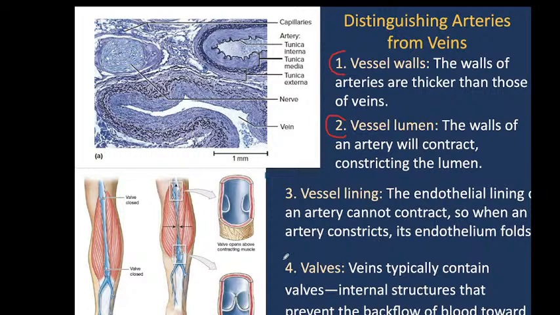And one interesting and main difference from arteries is that veins typically contain valves. These are special structures inside of veins which manage the stream of the blood in only one direction, from organs to the heart.